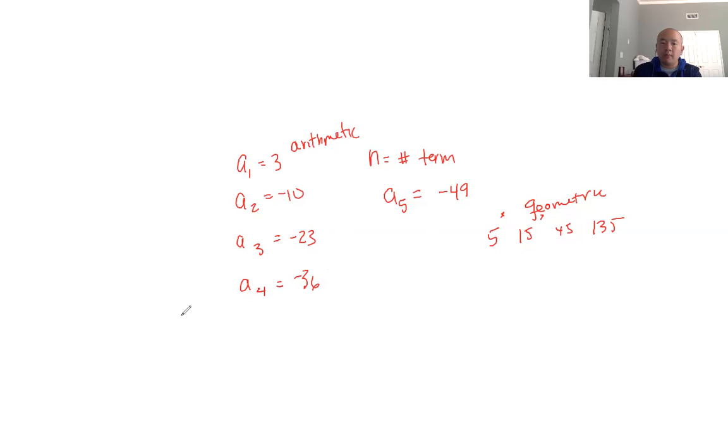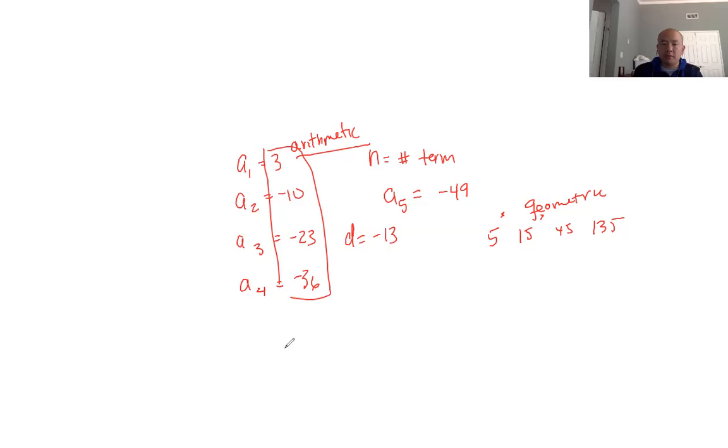Before you start putting numbers into formulas, you have to determine whether the sequence is arithmetic or geometric. The first one is arithmetic because it's separated by d is equal to -13.